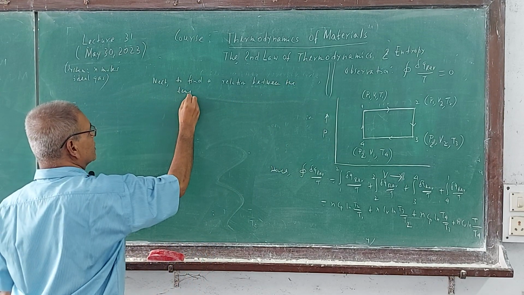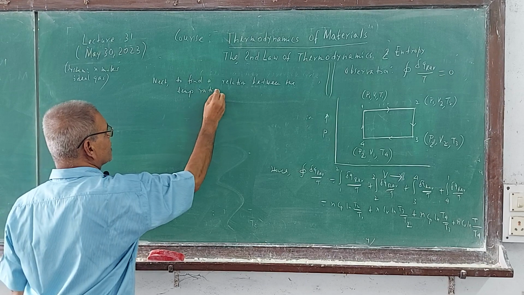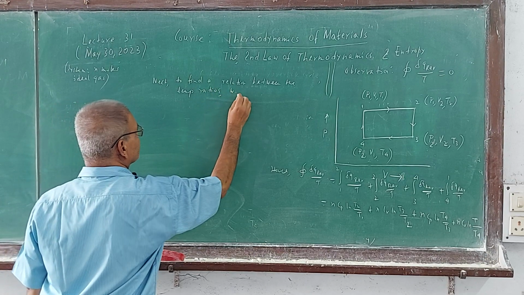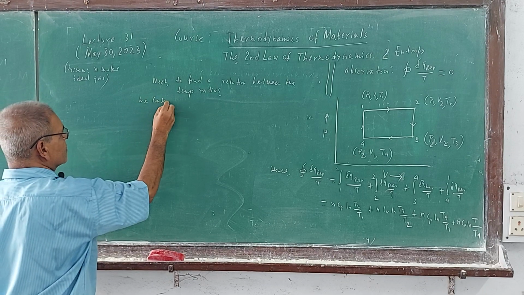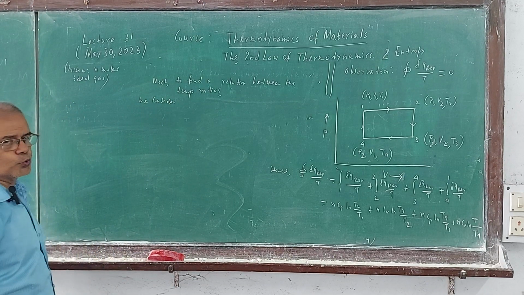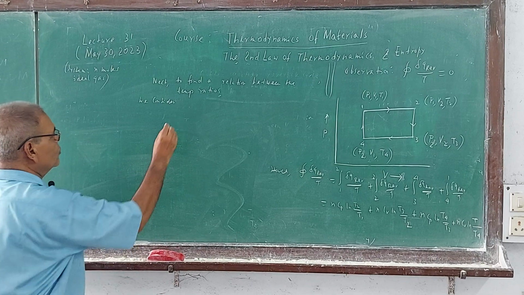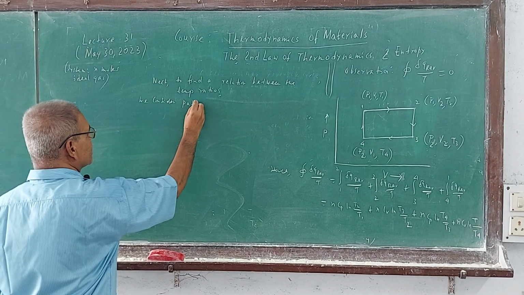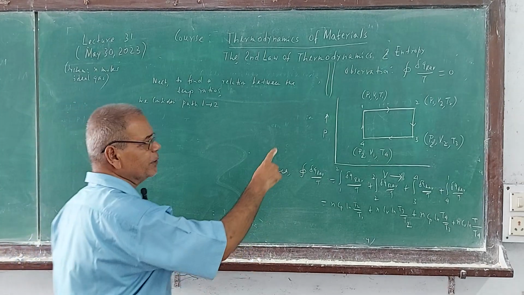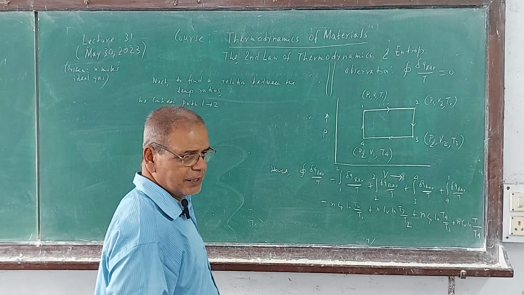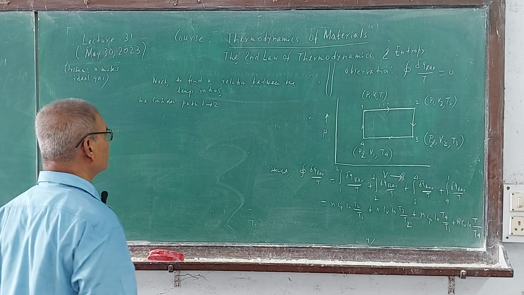Well, what do we consider? We consider path 1 to 2, which is a constant pressure path. If pressure is constant, then volume and temperature have a proportional relation.